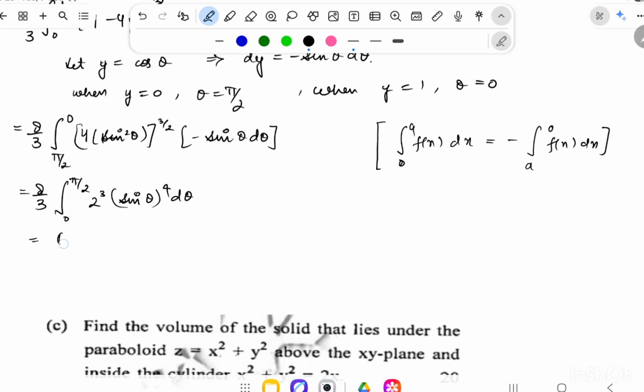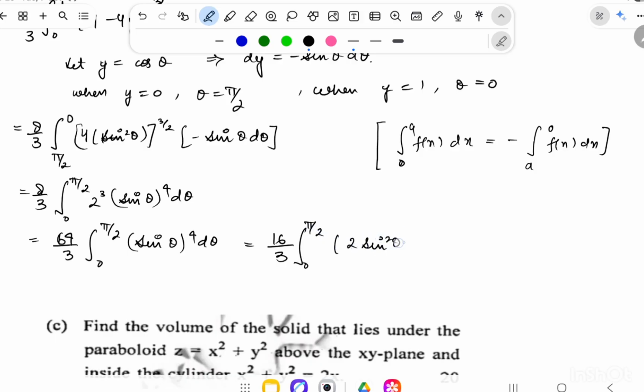Which is equal to 8 times 8 by 3, that is 64 by 3, integration from 0 to pi by 2 sin theta raised 4 d theta, which is the same as 16 by 3 integration from 0 to pi by 2 of (sin square theta) whole square d theta.